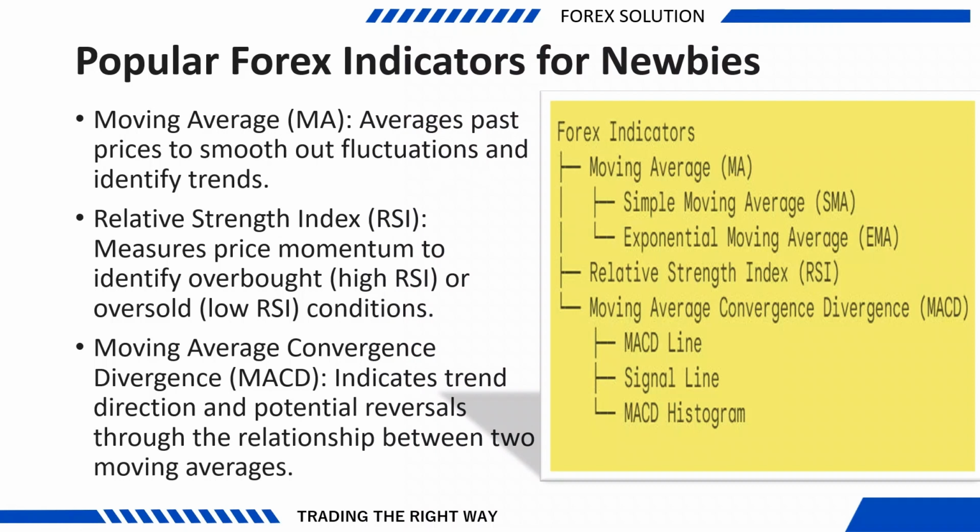I will show you in the next slide. It draws the line, and we have different types. We have the exponential, we have the simple, we have the smooth, I think we have linear weighted or thereabouts. But the most popular ones are the simple and the exponential moving average.